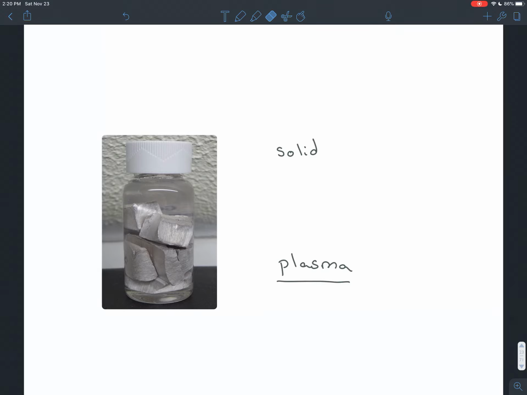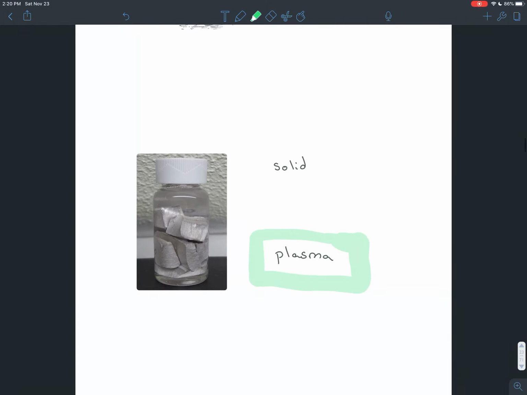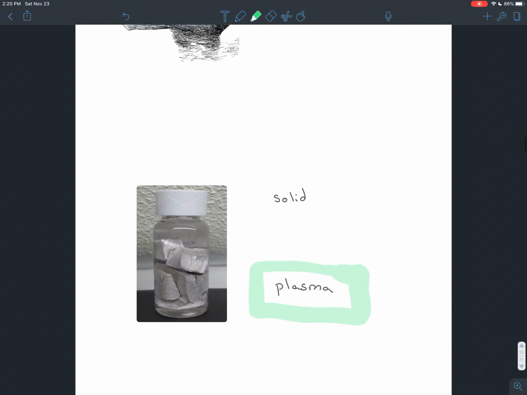They're flying around the entire chunk of the metal, and so you have a subatomic particle, electrons, that's not associated into atoms, and so it starts to act like a plasma. So you can think of metals not just as solids, but also as plasmas, and that's the reason why they're used in wires. The electrons are able to fly from one end of a solid piece of metal to the other end, because the electrons are not stuck to individual nuclei in individual atoms. So metals can act both as solids or as plasmas.